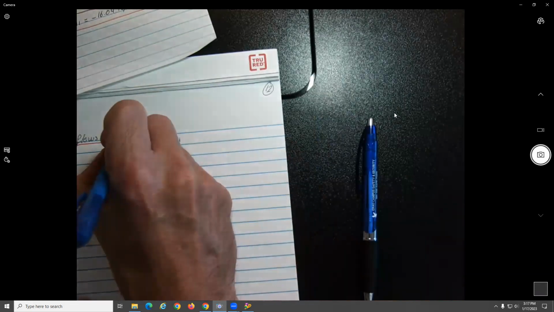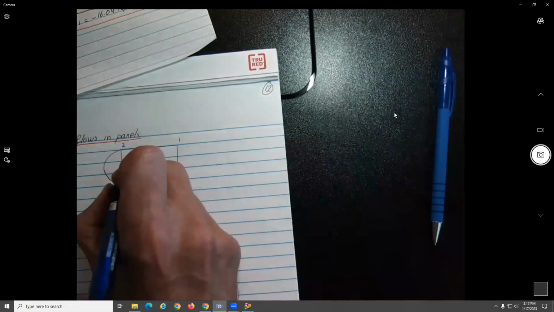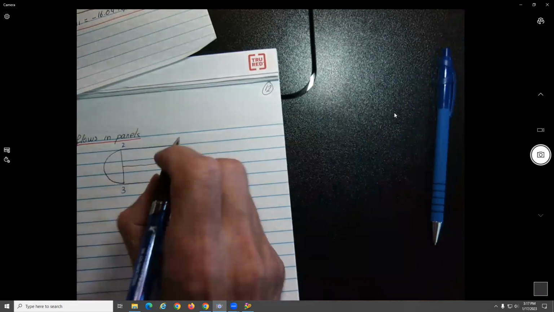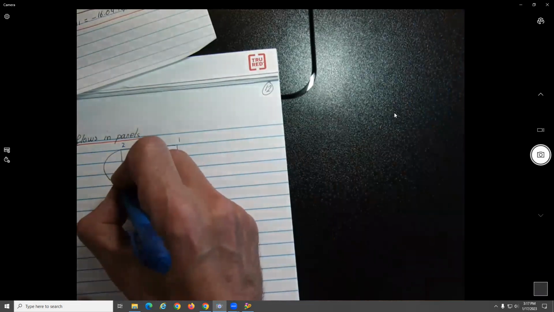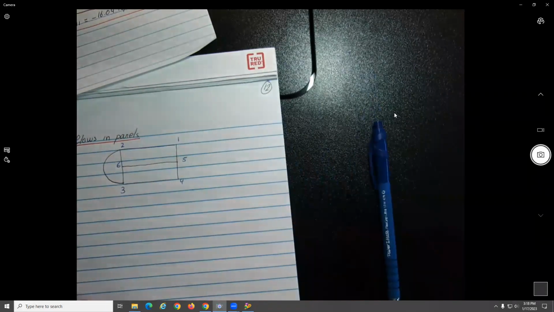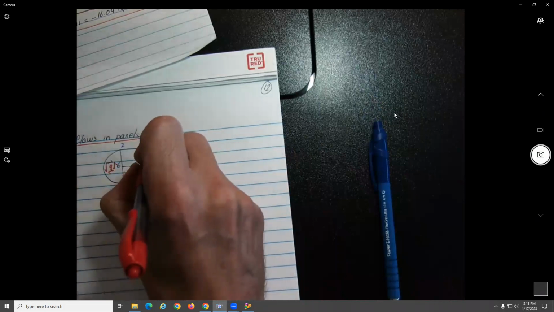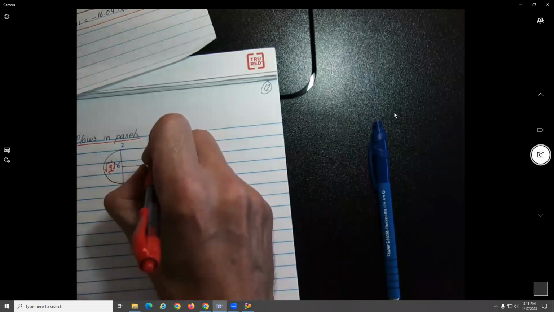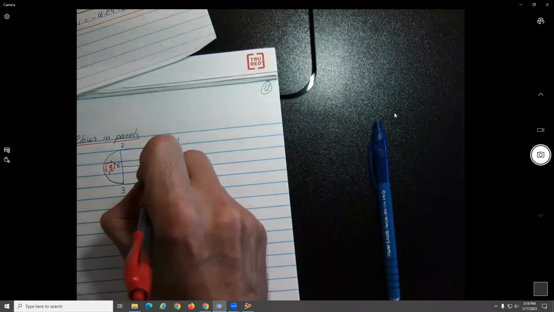Remember, we're finding an approximate solution for our statically indeterminate problem, assuming statically determinate. So we have 1, 2, 3, 4, 5, 6. Here we have Q1. Here we have Q2. Here we have Q3.